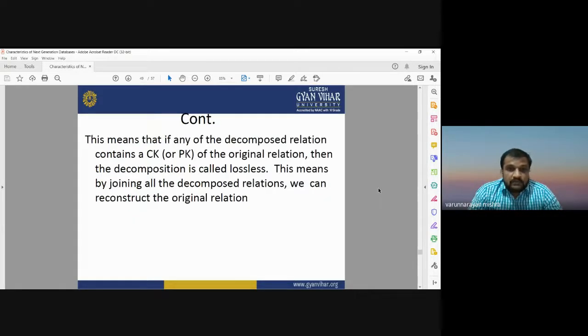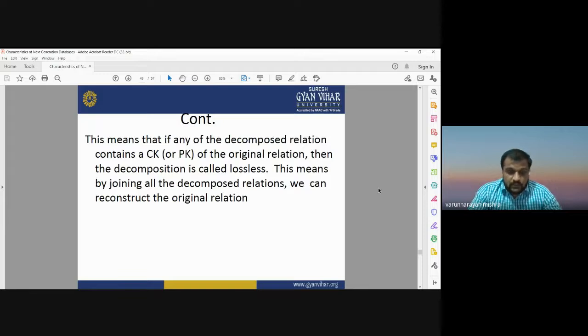This means that if any of the decomposed relations contains a CK or PK of the original table, then the decomposition is called lossless. This means that by joining all the decomposed relations, we can reconstruct the original relation.